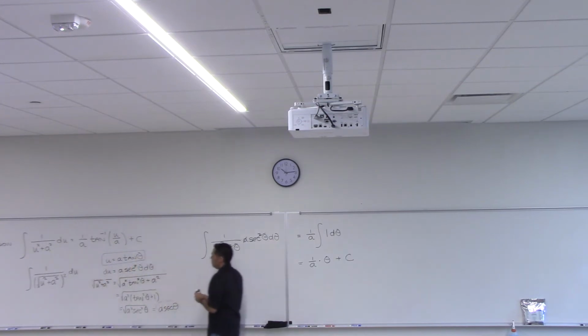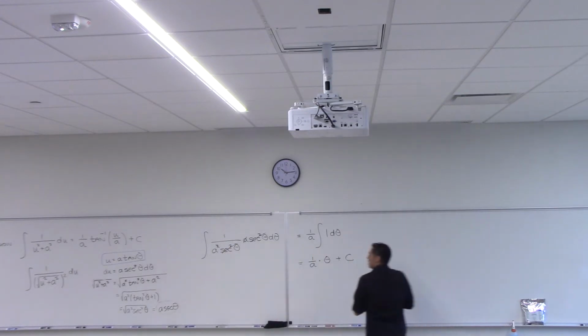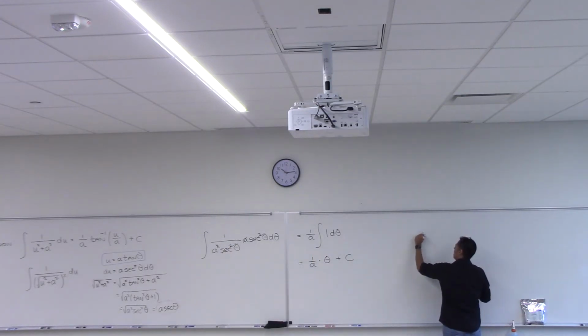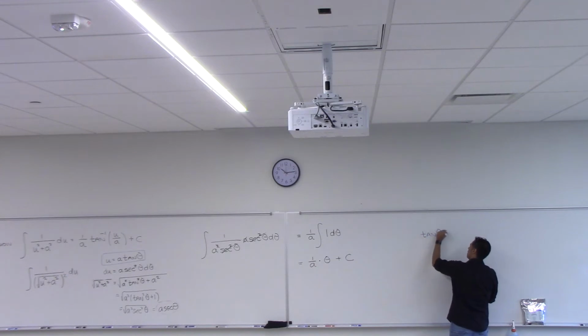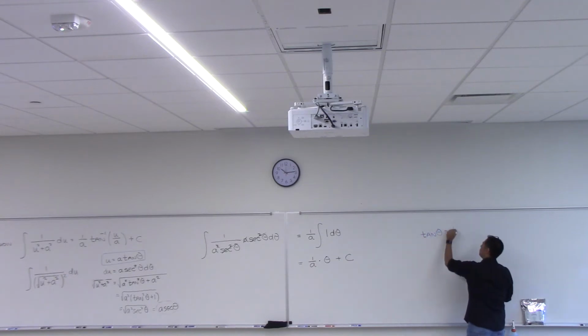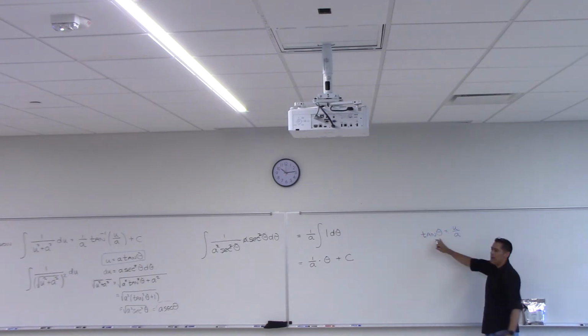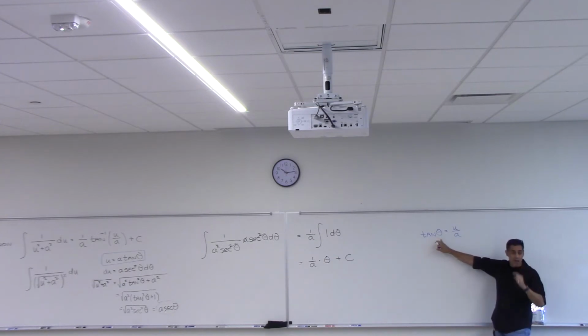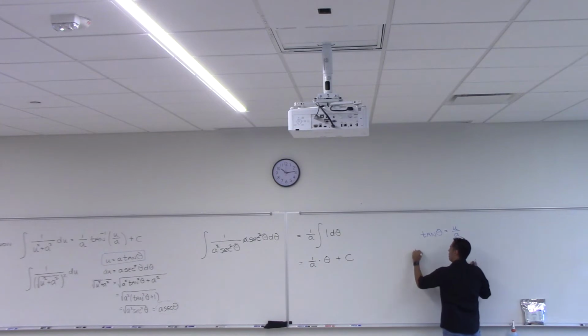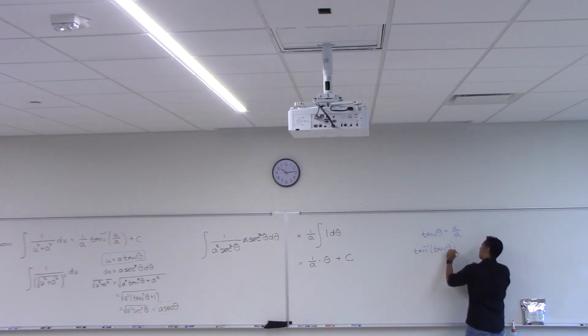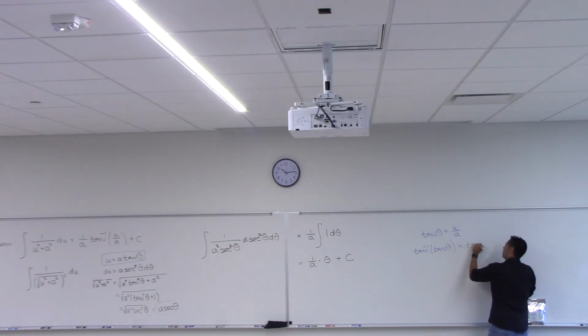And we can solve that for tangent theta. If I solve that for tangent theta, I get tangent theta is u over a. I'm doing that because I'm about to solve for theta. How do I kill off the tangent? Inverse tangent, arctangent. So I'm going to take inverse tangent on the left, inverse tangent on the right.